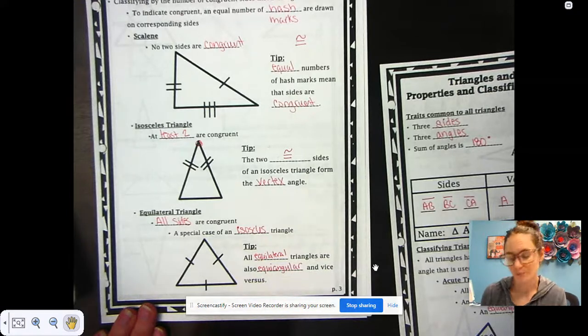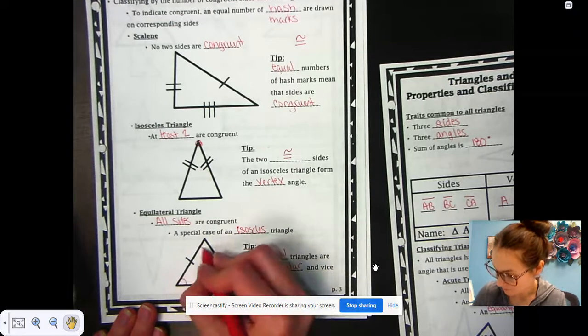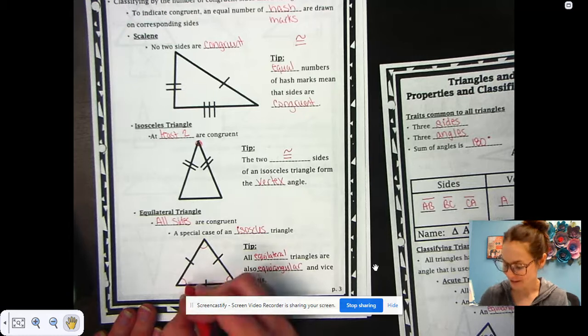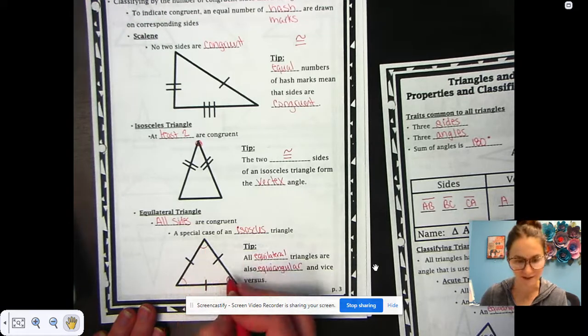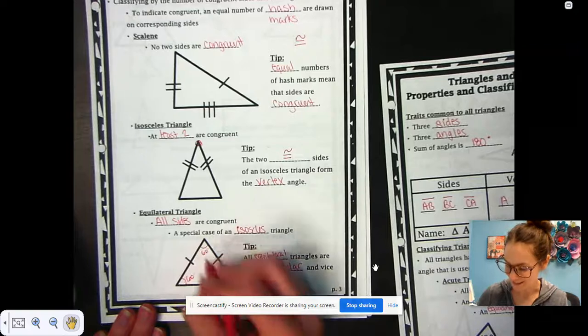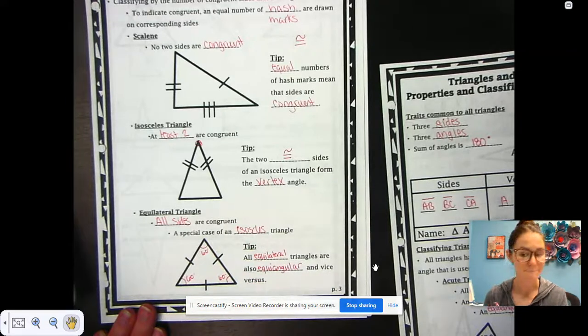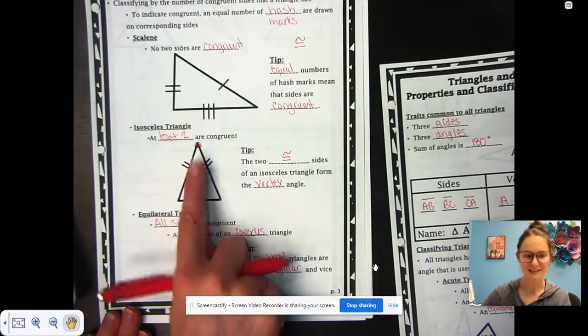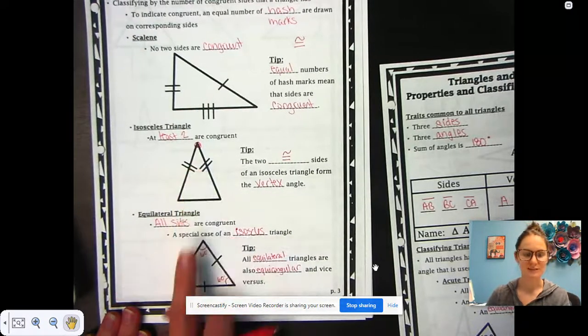If we wanted to mark this, I could mark them all with the same marking there. And you already know if one of these is the same as the other 2, then we know that this has to be 60, 60, 60. Hopefully you remember that. Okay, let's turn to the next page. So we've got scalene, no sides, isosceles, 2, equilateral, 3.